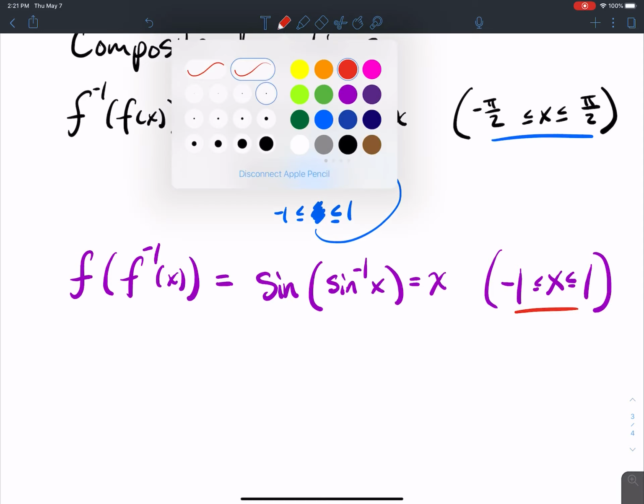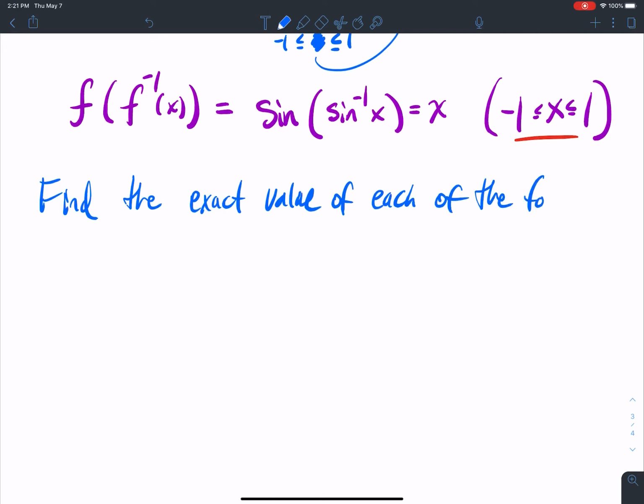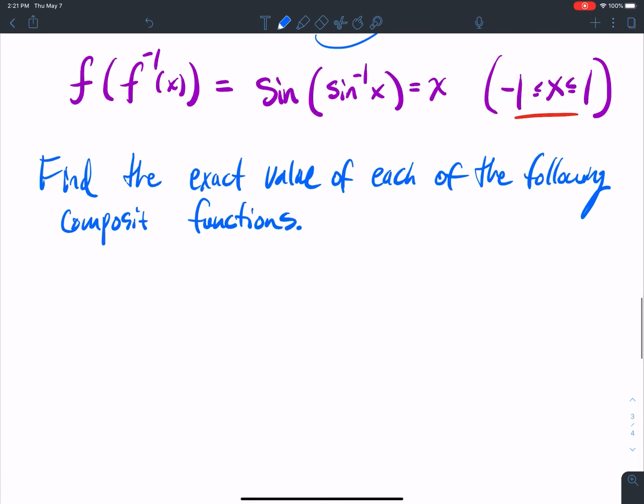All right, so let's work some problems where we find the exact value of each of the following composite functions. So number one, this first one here, A, we're going to find the sine inverse of the sine of pi over 8.